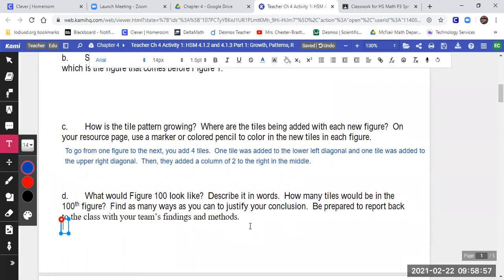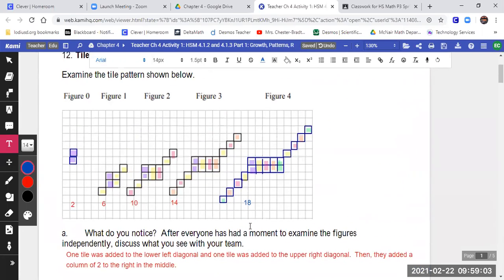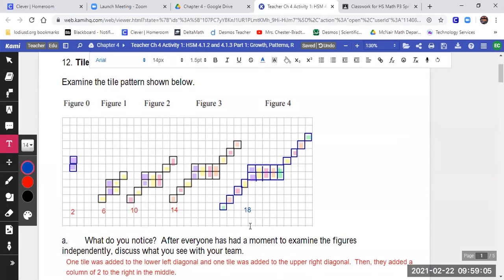We're not going to actually draw it here. We found out it was going to have 402. But let's see if we can figure out how many are going to be on its wings, remember, on its diagonals. What do you notice about the diagonals?